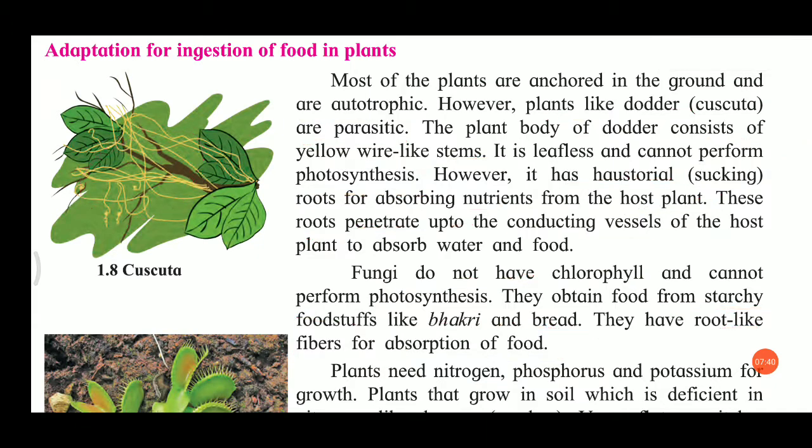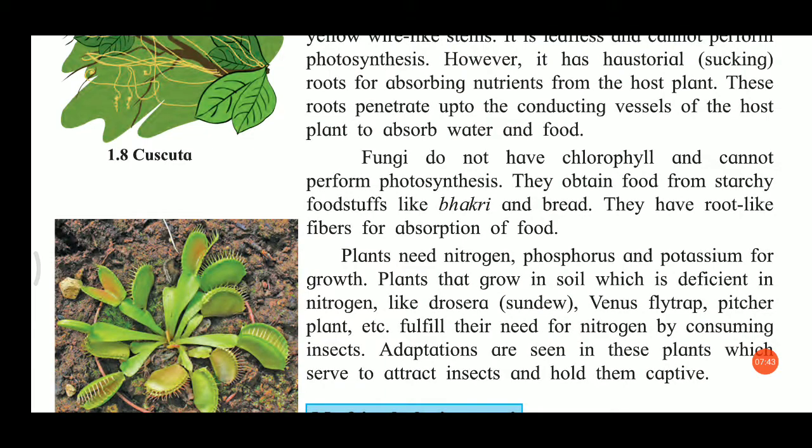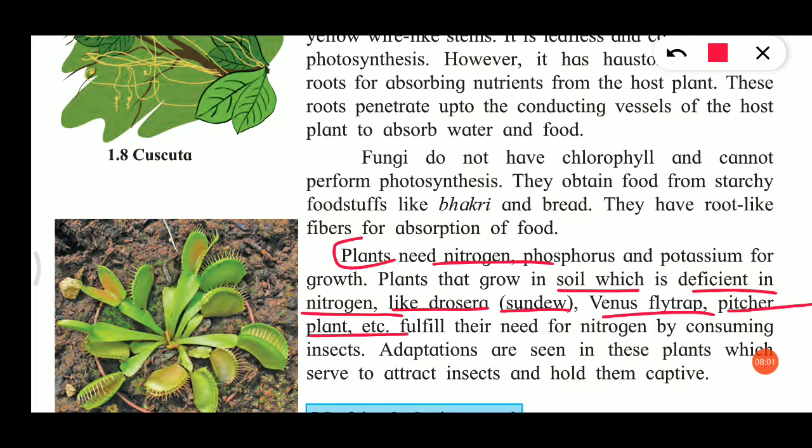Plants need nitrogen, phosphorus and potassium for growth. See this point. Plants that grow in soil which is deficient in nitrogen, like Drosera, sundew, Venus flytrap, pitcher plant, etc., fulfill their need for nitrogen by consuming insects. So when plants don't get nutrients like nitrogen from the soil, they depend on the insects around them.